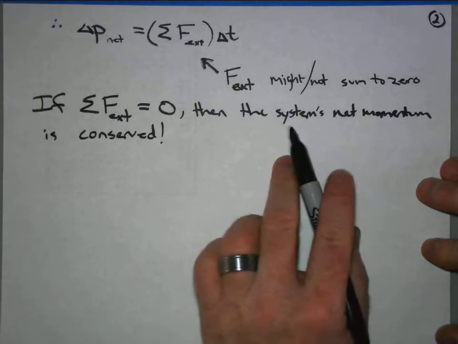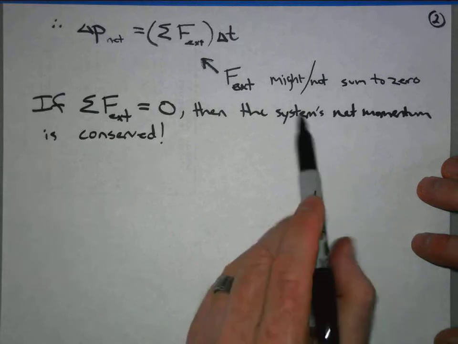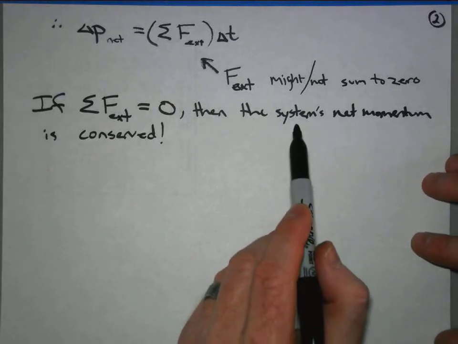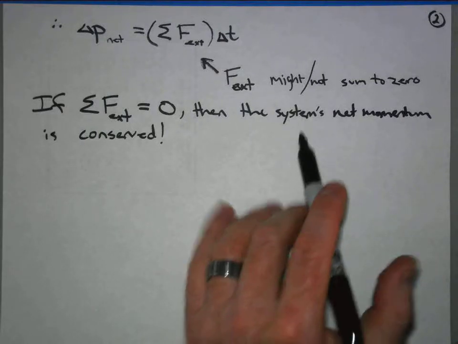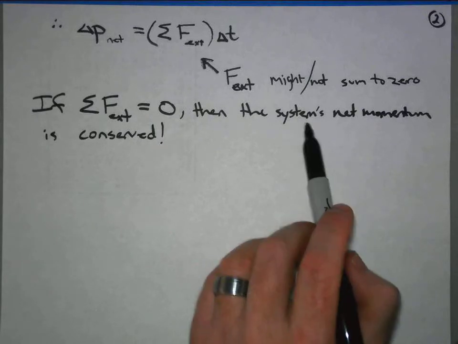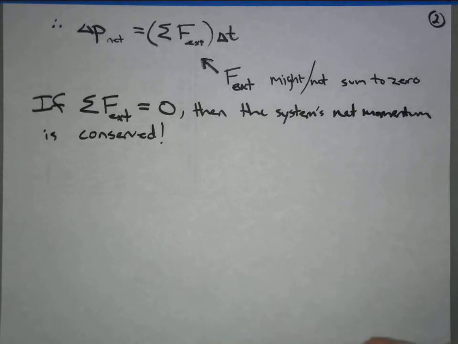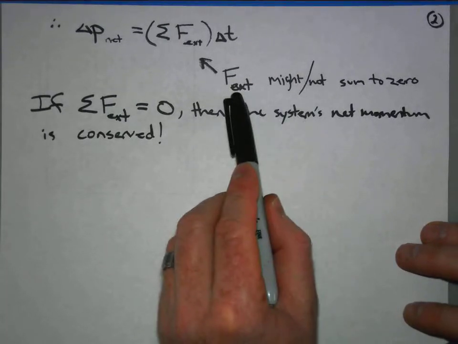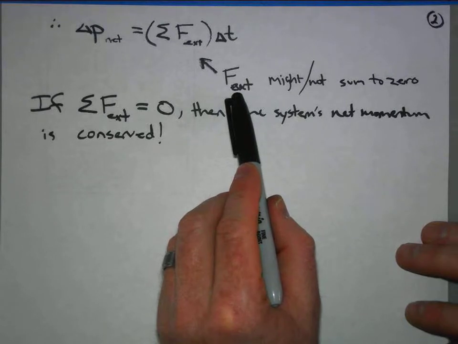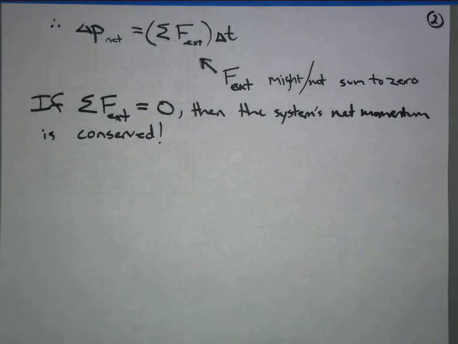Now, the word system might still be throwing a few people off. A system is whatever you want to define it as. It's any single object or any group of objects. It's really arbitrary, completely up to you. But once you define what the system is, then it should instantly be clear what the external forces acting on it are and what the internal forces acting on it are, and you work from there.